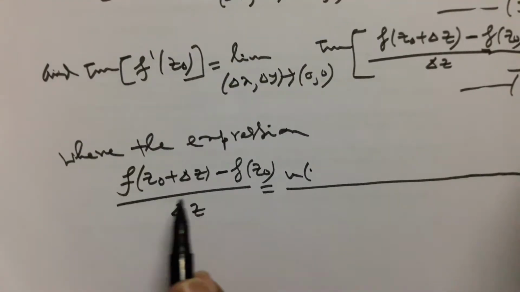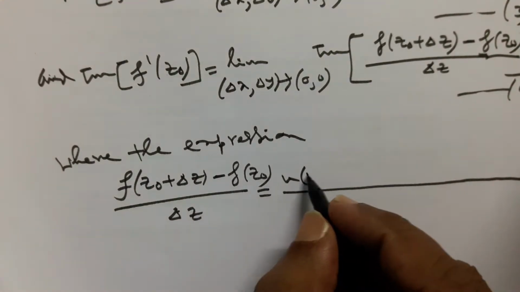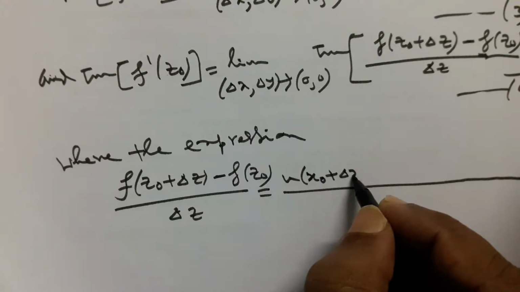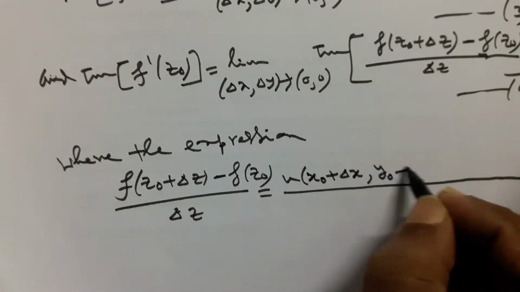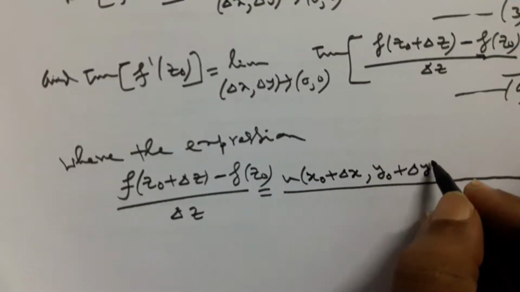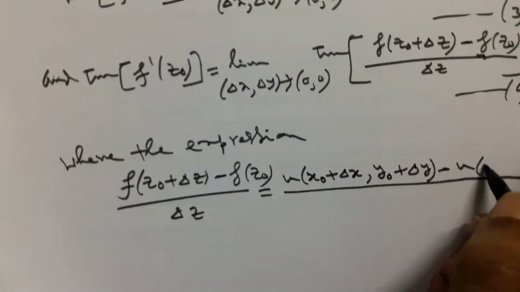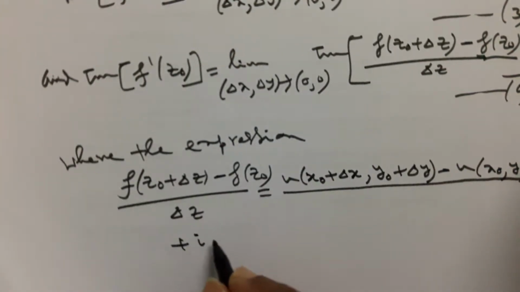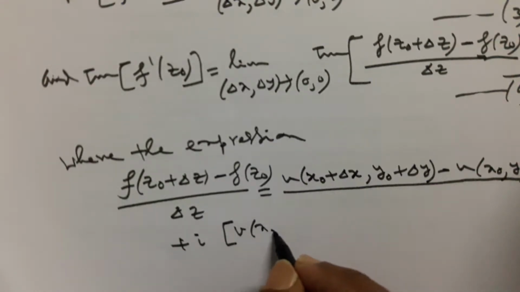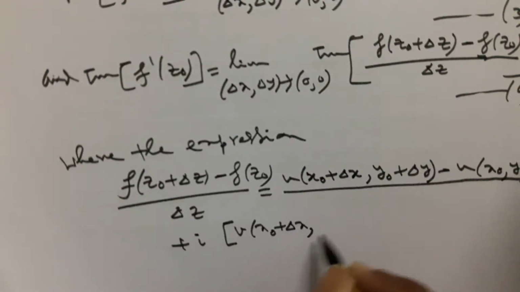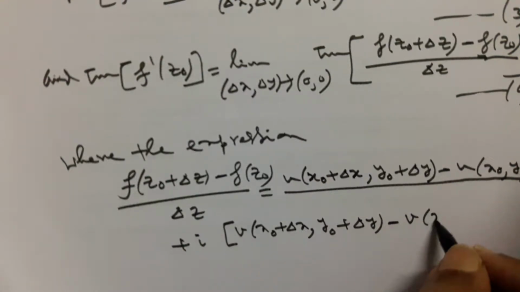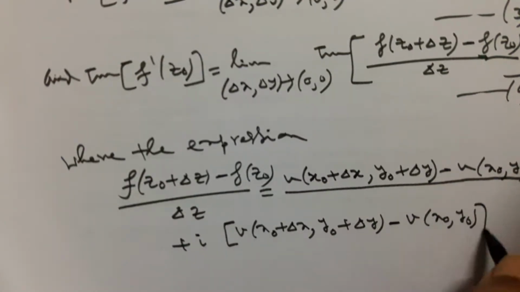So f of z0 plus del z is given by u of x0 plus del x, y0 plus del y, minus u of x0, y0, plus i times v of x0 plus del x, y0 plus del y, minus v of x0, y0.